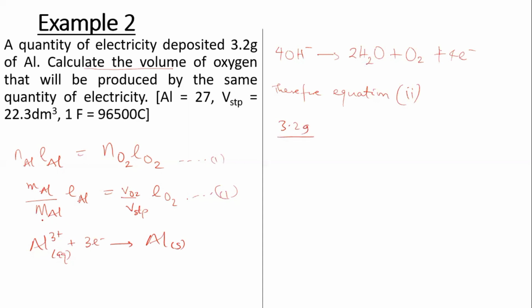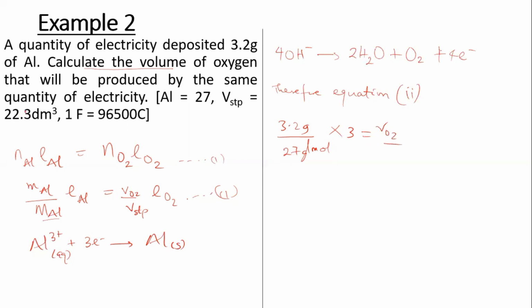What's the molar mass? The atomic mass of aluminium here is 27. You may not put the unit, of course, you always cancel out. So now what about the electrons? The E, it's 3, okay? Equals to what? So the volume of oxygen, that's what you have to calculate.